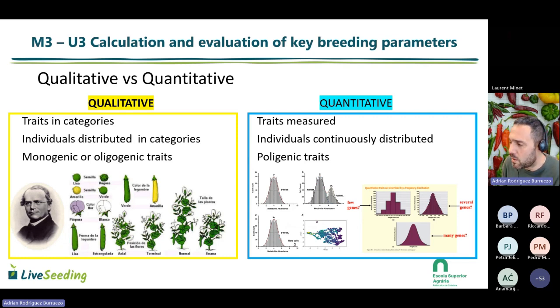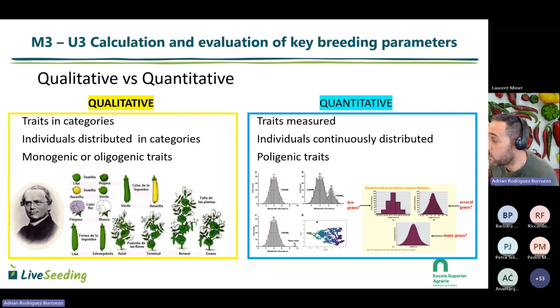But on the whole, most of the variance, most of the differences among individuals in segregating populations, can be explained by one main gene. This is the case of the traits Mendel worked with, and many resistances to diseases in plants.